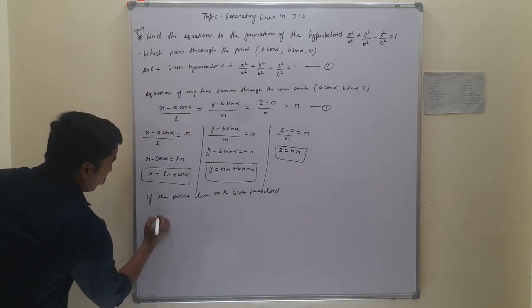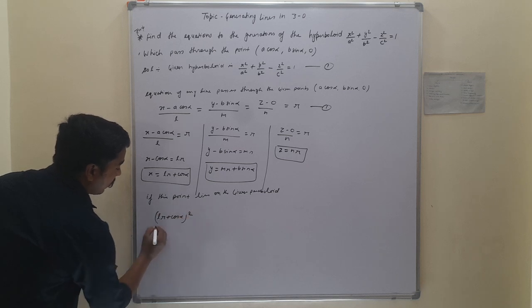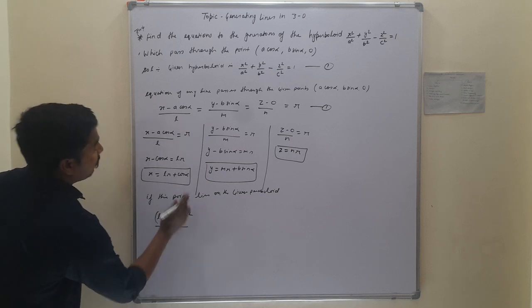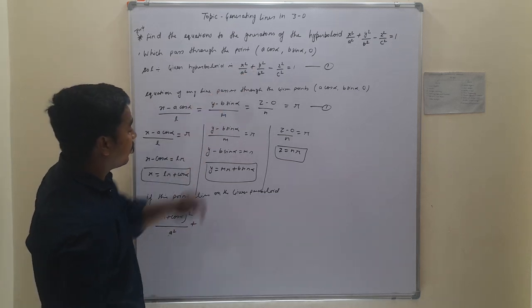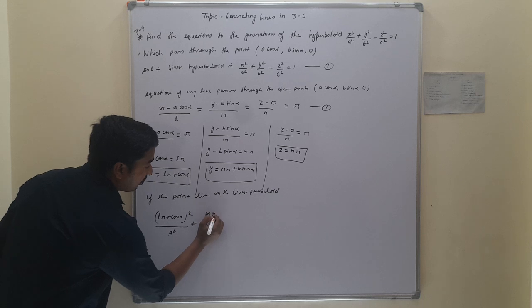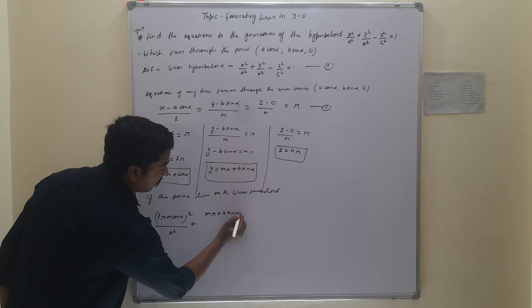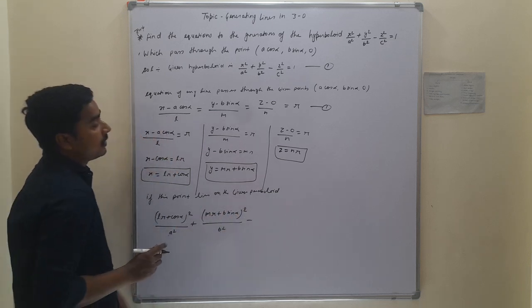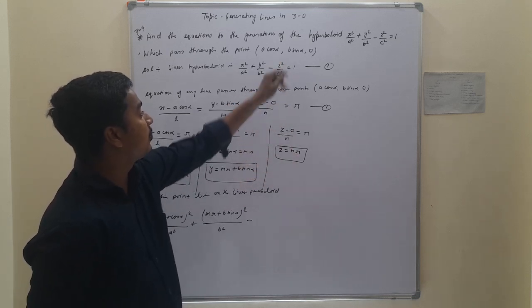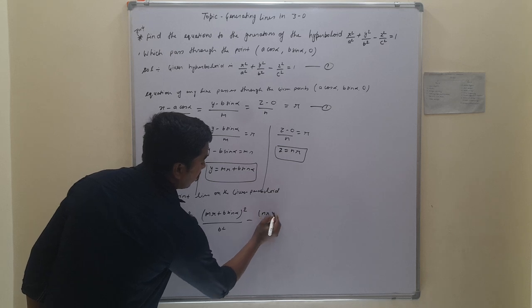This gives (lr plus a cos alpha) whole square upon a square plus, putting the value of y, (mr plus b sin alpha) whole square upon b square minus, here z is equal to nr, so putting nr, (nr) whole square upon c square is equal to 1.